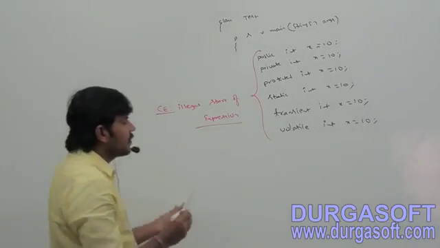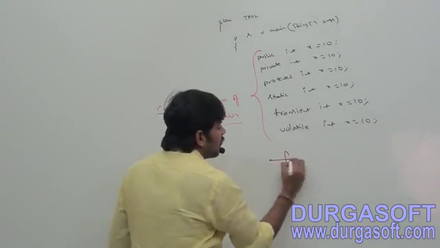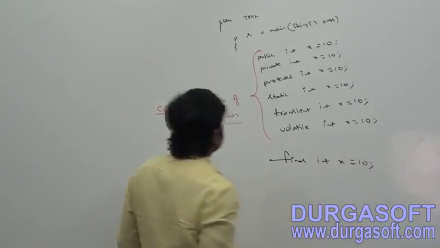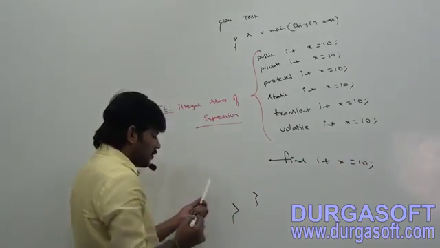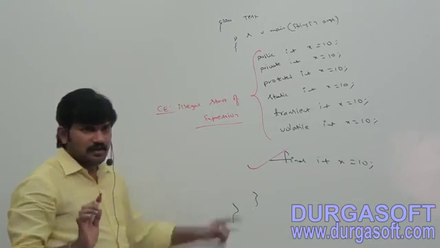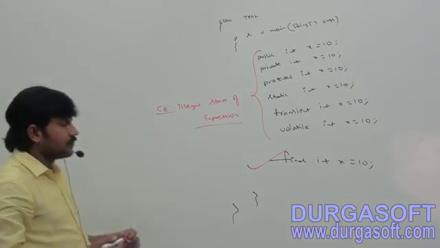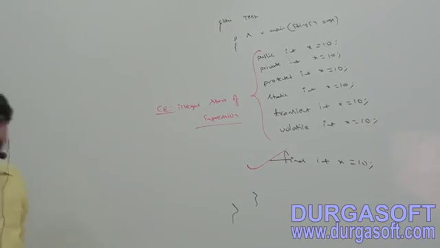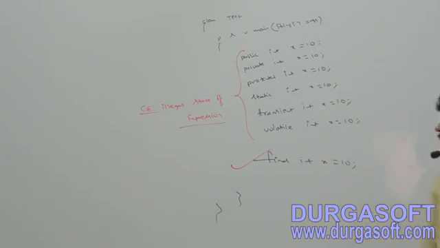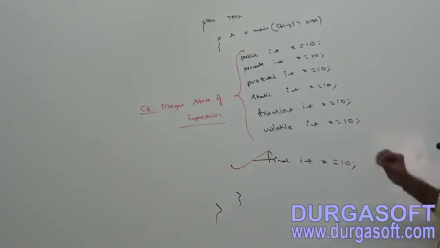Sir, if I am taking final int x is equal to 10, can you tell is it valid or not? This line itself is valid, no problem at all. Okay, take this example now. Make sure the only applicable modifier for a local variable is final. If you try to apply any other modifier, immediately we get a compile-time error.